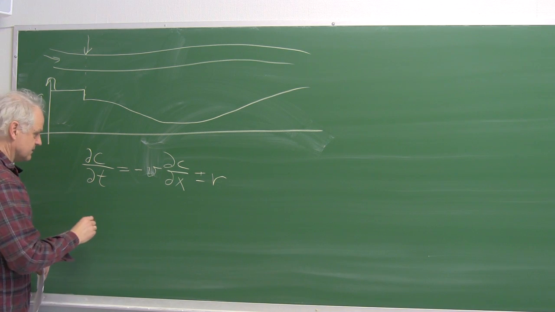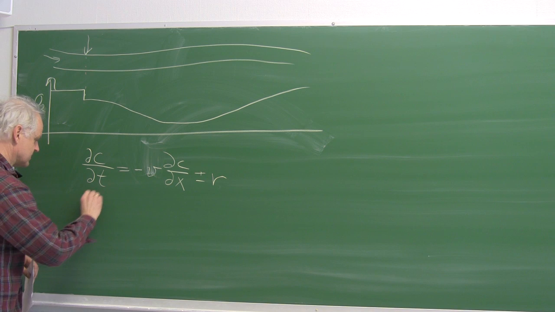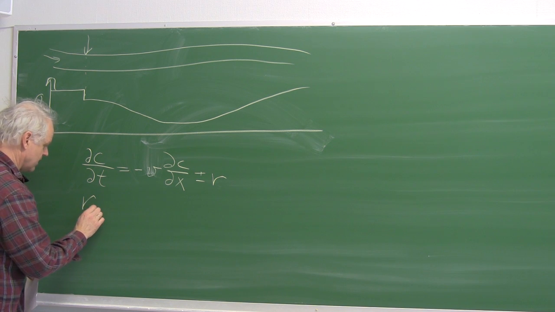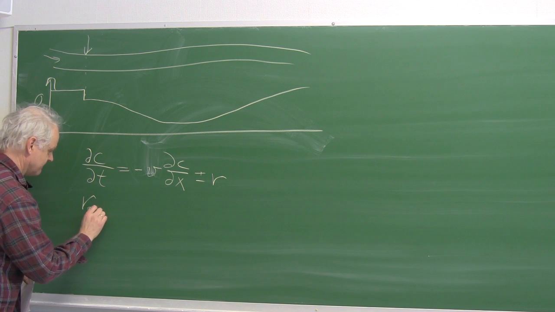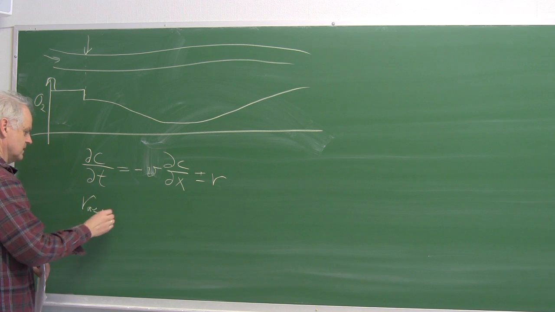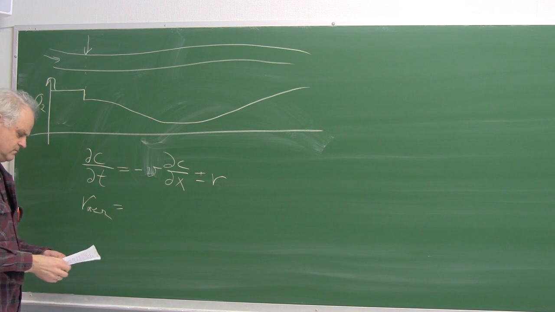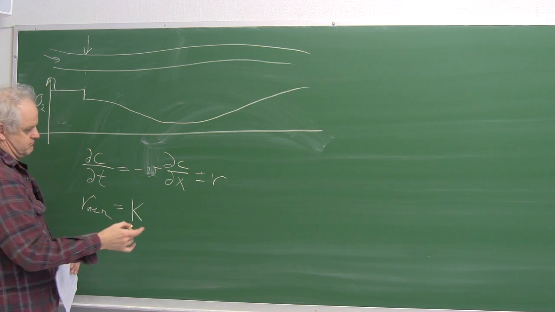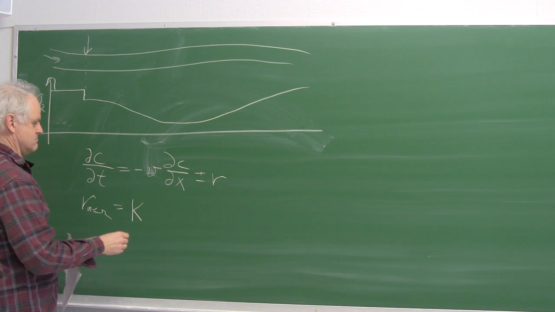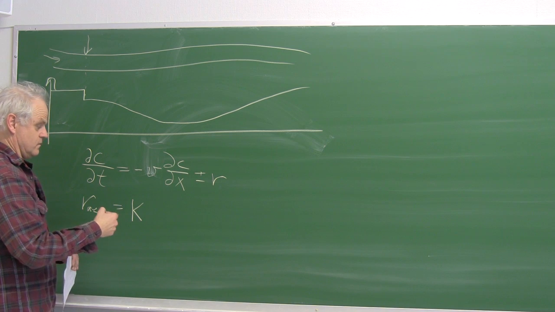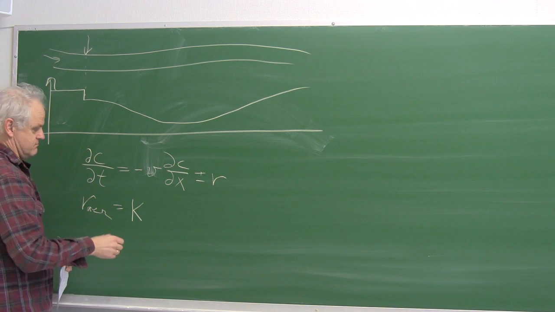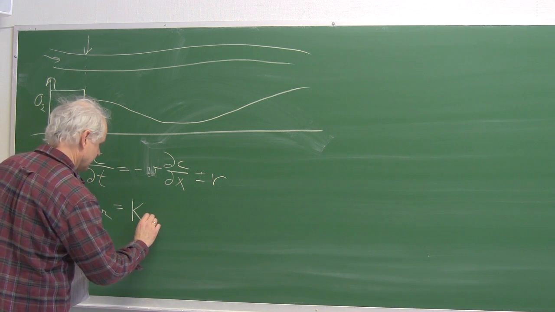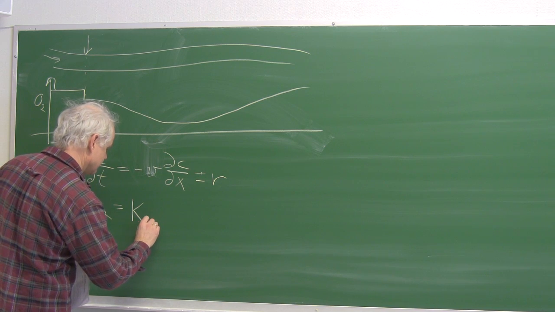The standard rate, we can call it R aeration, is equal to, given this old standard for the river model, typically called K2.